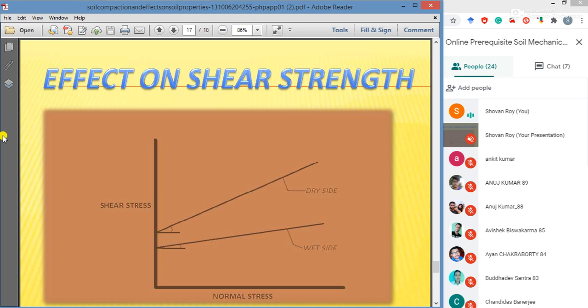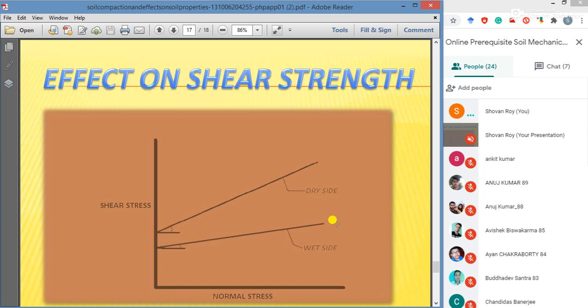But I have to maintain the strength of my soil, so this wet density is important to me. Wet density means the soil will not fail, the soil will not collapse due to external load.